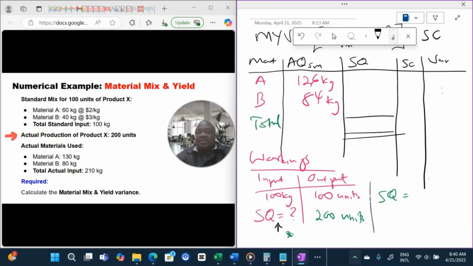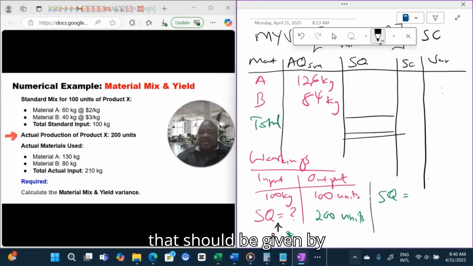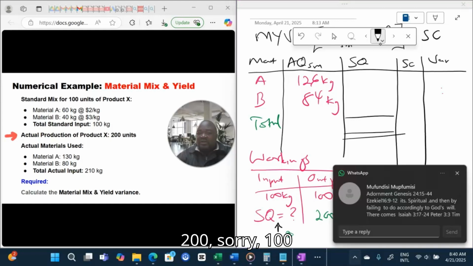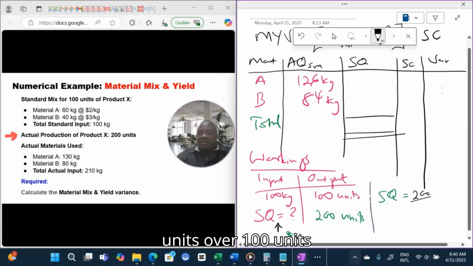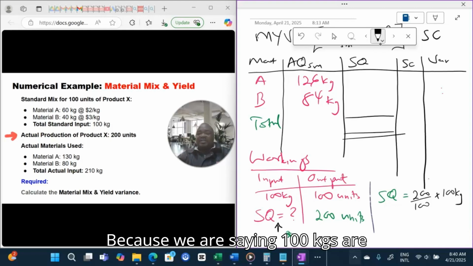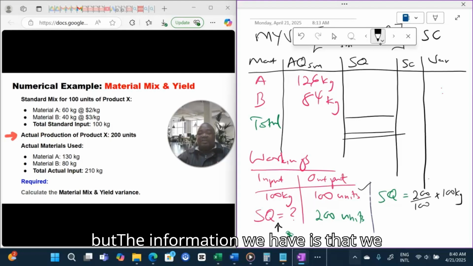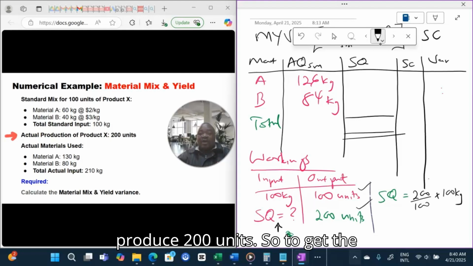Good. Now our SQ should be given by 200 units over 100 units multiplied by 100 kgs. Why? Because we are saying 100 kgs are required to produce 100 units. But the information we have is that we produce 200 units.